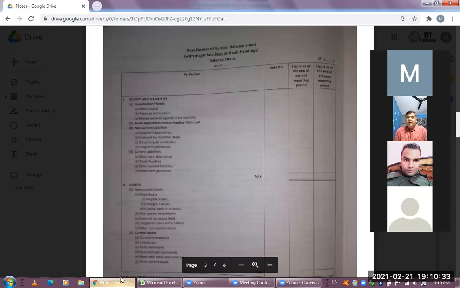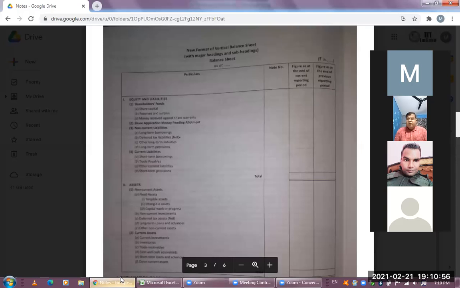They are clubbed, and that clubbing is the main gist, in which there is simplicity in depiction, and it is a vertical format which is required in case of companies. So from now onward, try to get command on this format as well.